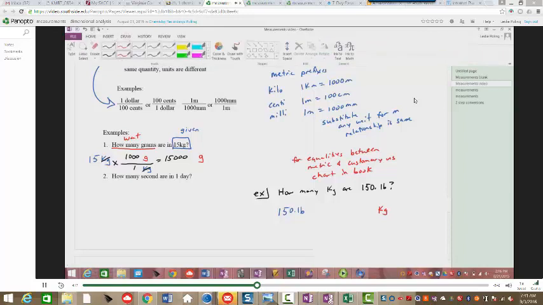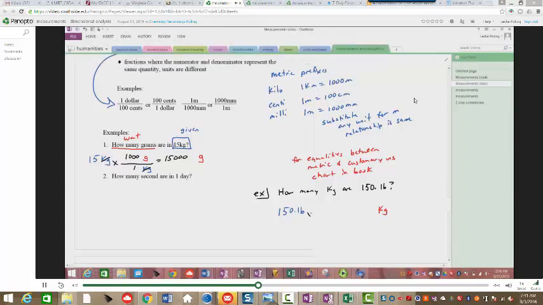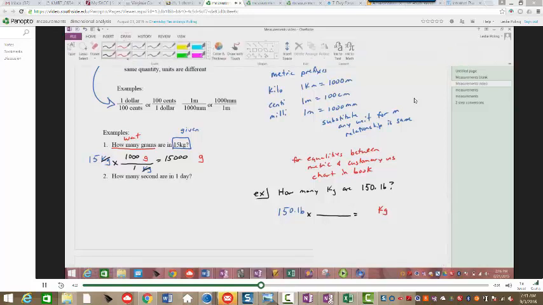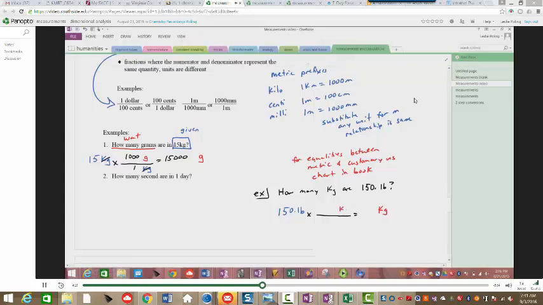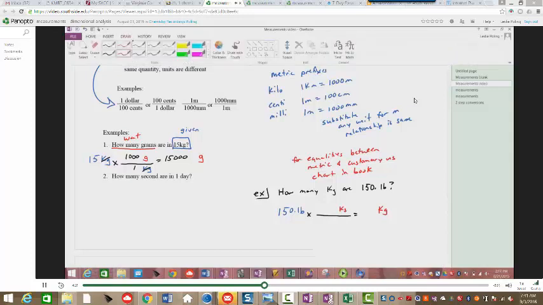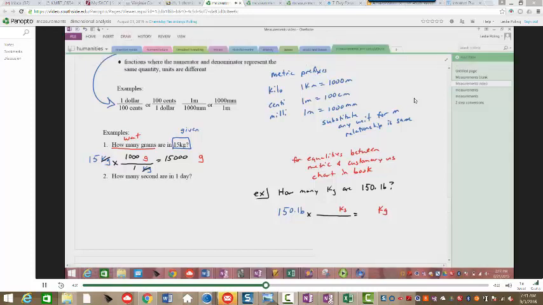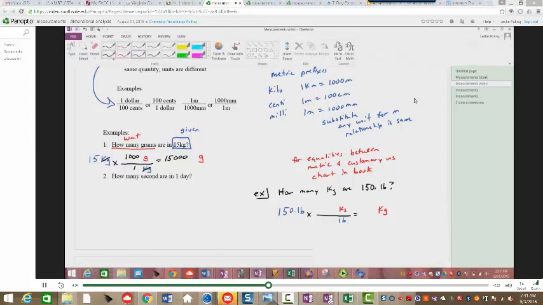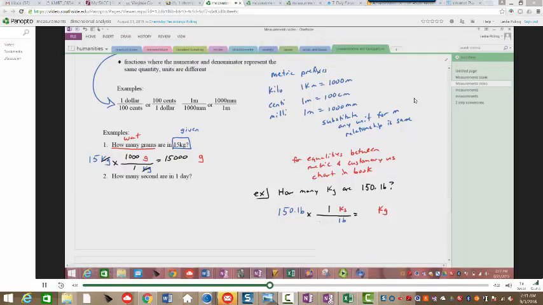Kilograms is what we are looking for. So we need our ratio, our conversion factor. The kilograms are going to be on the top, and pounds on the bottom. And I happen to know offhand that 1 kilogram is 2.2 pounds.